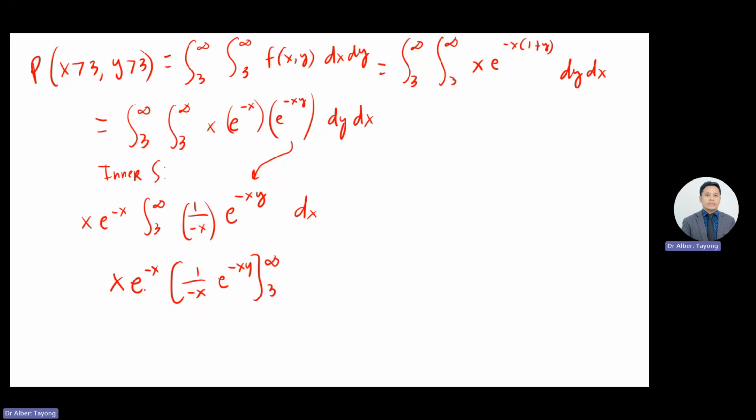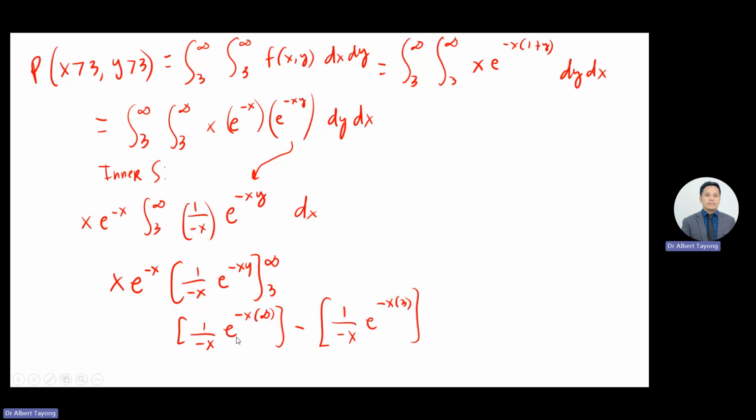And then we're going to multiply this one later. So we have 1 over negative x times e negative x, and then we have positive infinity here, minus we have 1 over negative x e, then we have negative x times 3.